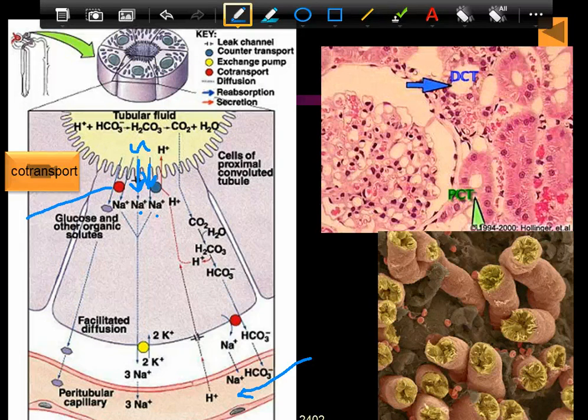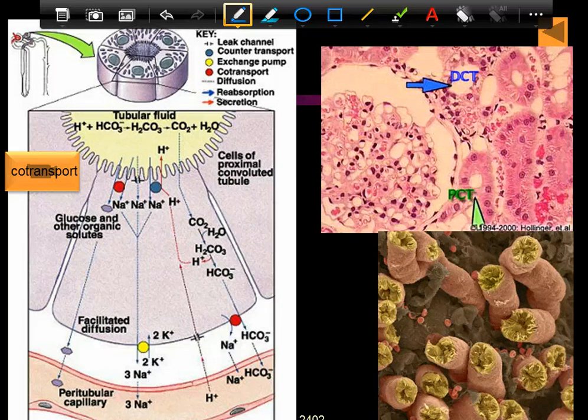I'm pointing to it. And notice what else is coming along with the sodium. As sodium goes that way and then ultimately moves into the blood, the glucose is going hand in hand. This is called co-transport, and they move together. Sodium and glucose going through life together. So there's one.